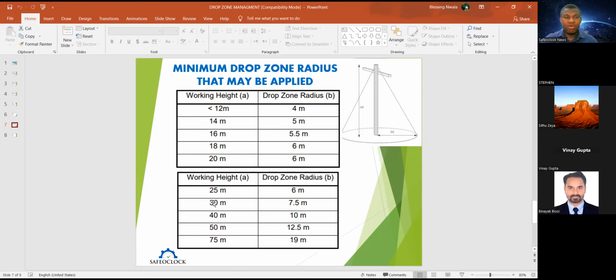If the work at height is at 30 meters height, then we should consider 7.5 meter radius of the drop zone. 40 meters height of work at height should be about 10 meters drop zone radius. 50 meters work at height should be about 12.5 meters radius of drop zone. And 75 meters height should be about 19 meters drop zone radius.